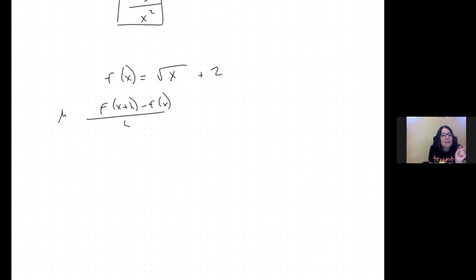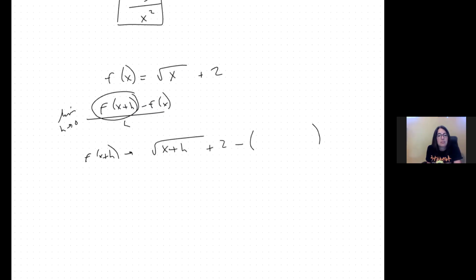Okay, so we start with this. F of x plus h is going to be, we replace that x, and then the plus 2 is still there. Okay, now minus our original problem, all over h.